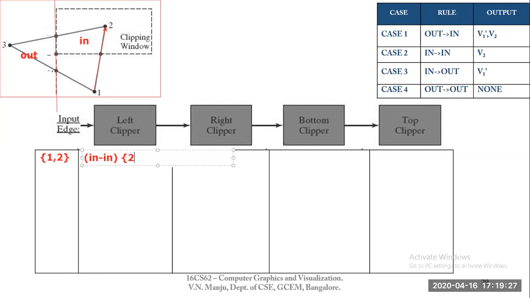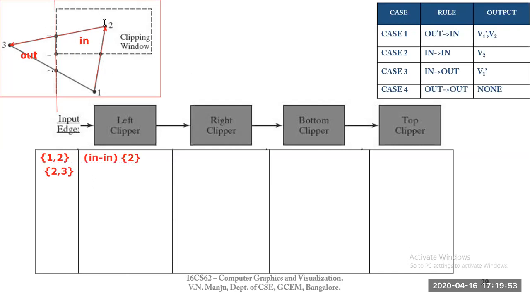Are you clear? What is the next edge we want? 1, 2 is over, so the next one we are going from 2 to 3. Let me write it here: 2, 3. Where is it going?